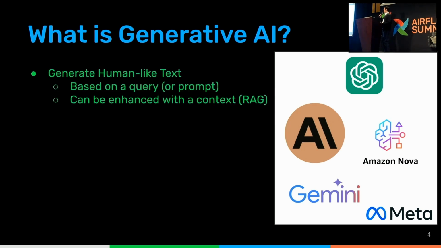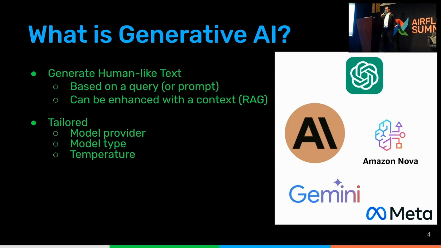The whole point of Gen AI is really to generate human-like text based on a query or a prompt. So you can ask a question, and it will generate an answer to that question. And something very cool is you can enhance it with a context, and that's called RAG. The next slide is going to be about RAG, just explaining what it is. But that's pretty cool because then you can really provide whatever information you want on top of your question.